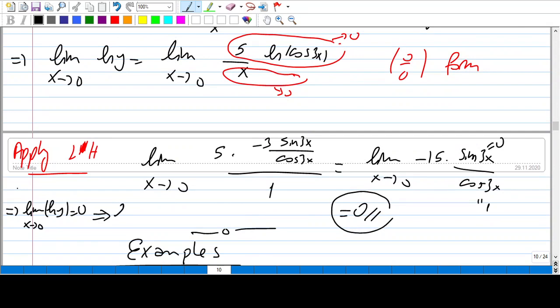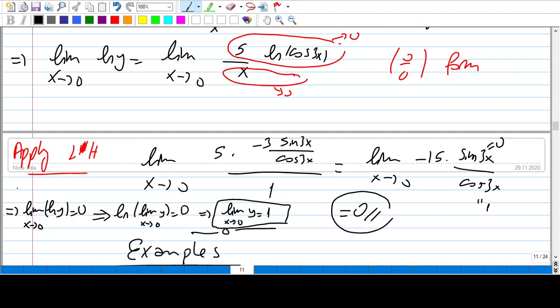Then this can be written in the following form: ln of the limit as x goes to 0 of y equals 0. If ln of a function equals 0, then this function must be 1. So the limit of y must be equal to e to the power 0, which is 1. This is the result.